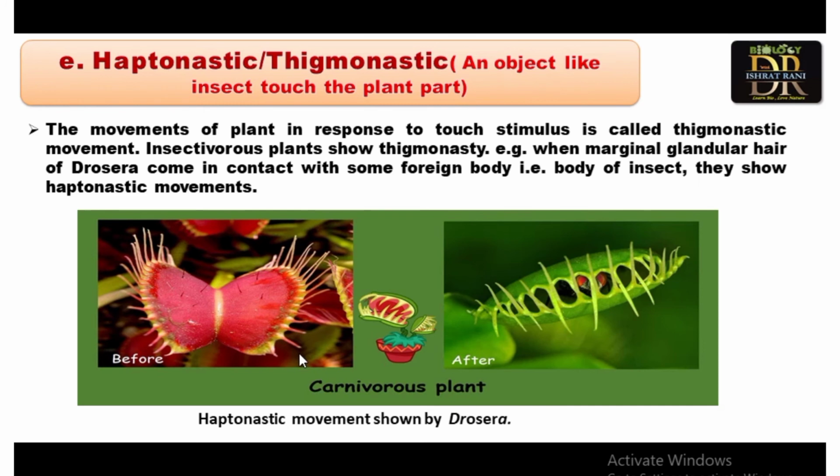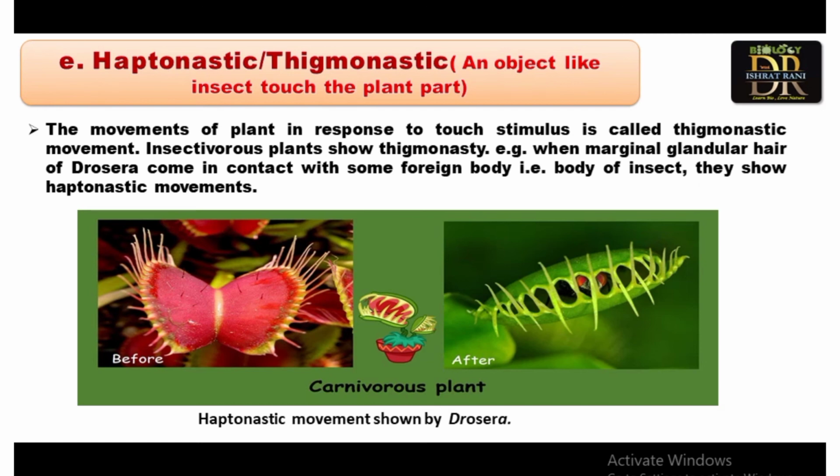When flies or any insect touch these leaves, they will close. So this type of movement is different from thigmotropism. In thigmotropism the plant touches an object, while here an object touches the plant. They are opposite terms.